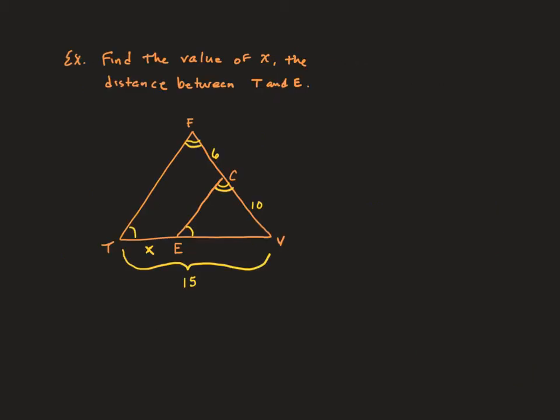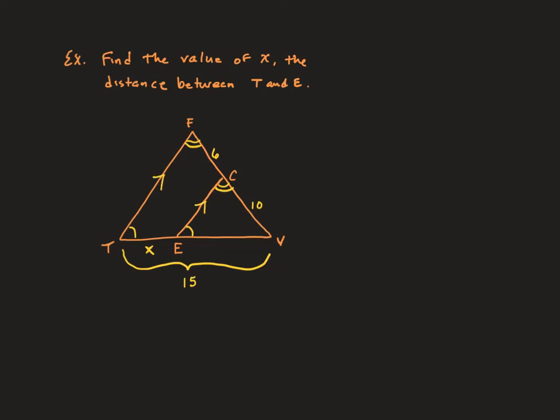More examples. So let's see here, finding the value of X and the distance between T and E. Again, the same thing's going to apply here. I should be able to tell that if this angle and this angle are congruent, let me use those good geometry terms, then that tells me that these are going to be parallel.